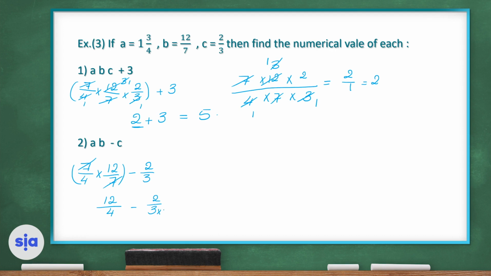We multiply this by 4 up and down, and this by 3 up and down. So it's 36 over 12 minus 8 over 12. Then the result is 28 over 12 divided by 4 divided by 4. So it is 7 over 3, and this is the final result.